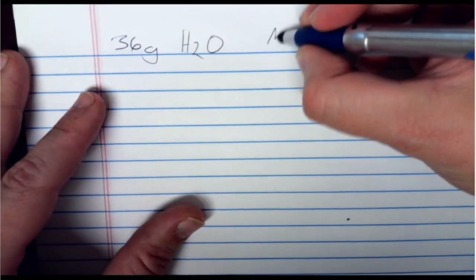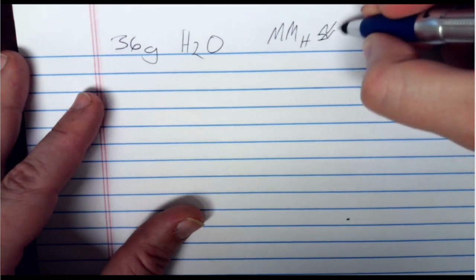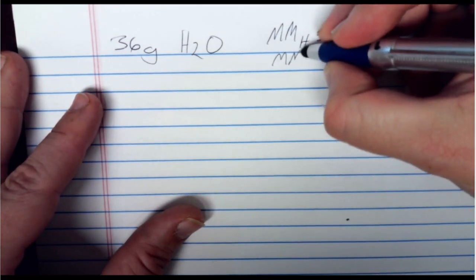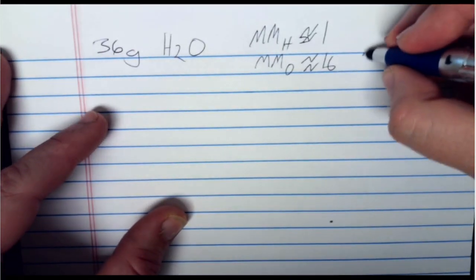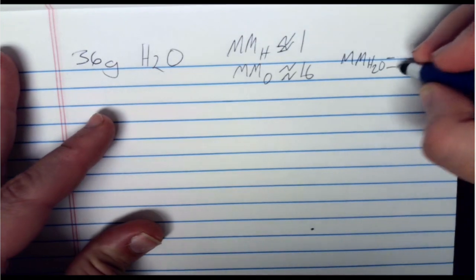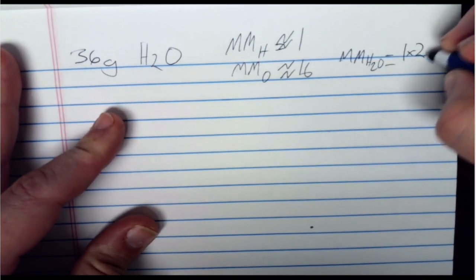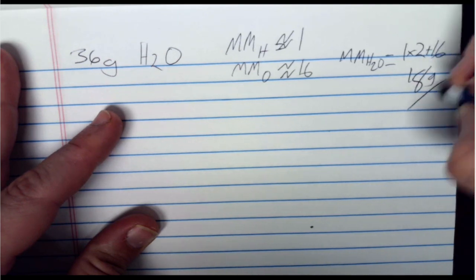So, molar mass of H is about 1. Molar mass of O is about 16. So the molar mass of H2O is 1 times 2 plus 16, 18 grams per 1 mole. So I started with 36 grams.